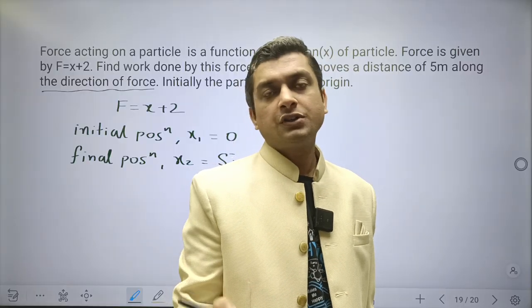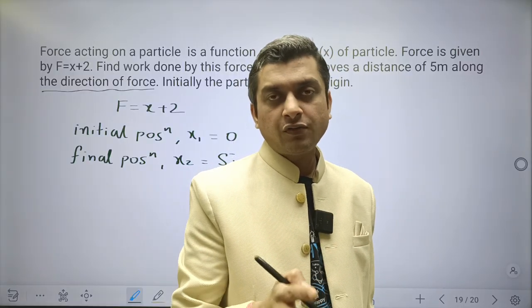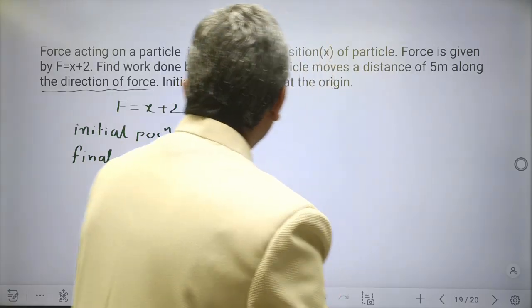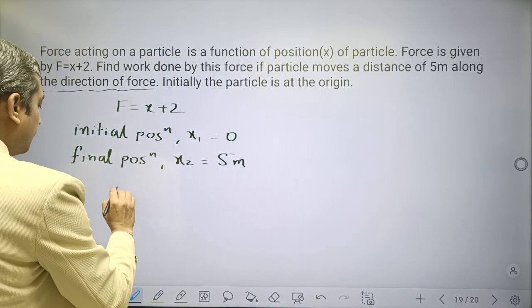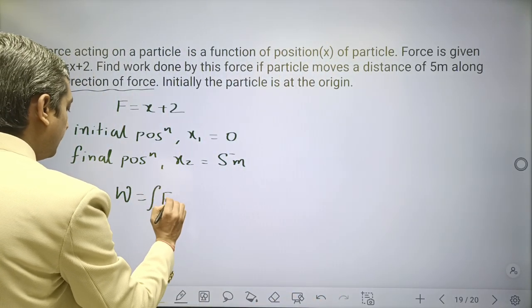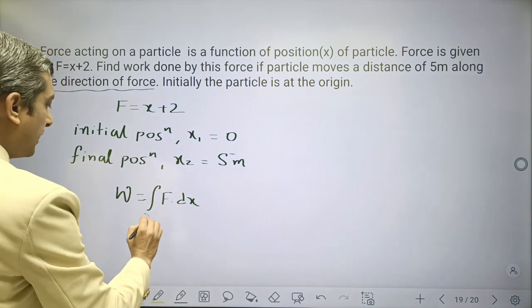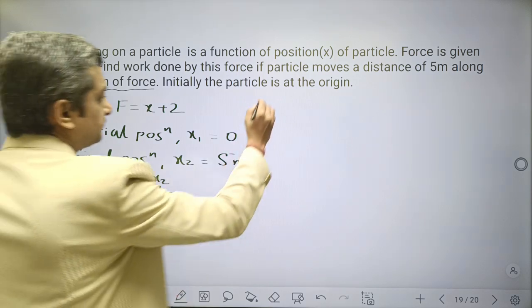So we have the formula F s cos 0, that is force into displacement. But since here the force is variable, we use the formula integral of F dx from x1 to x2.